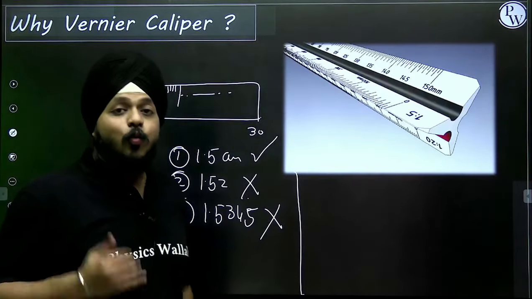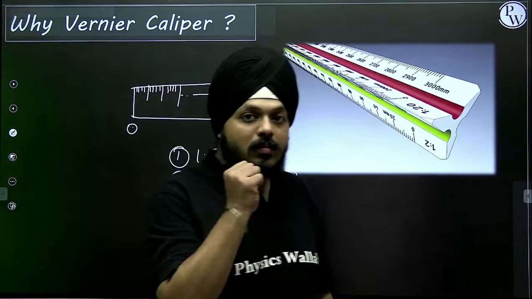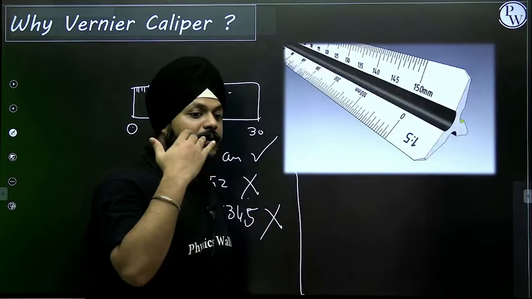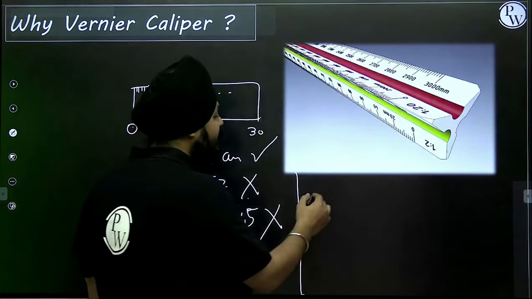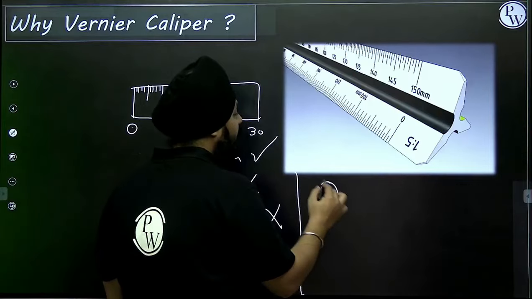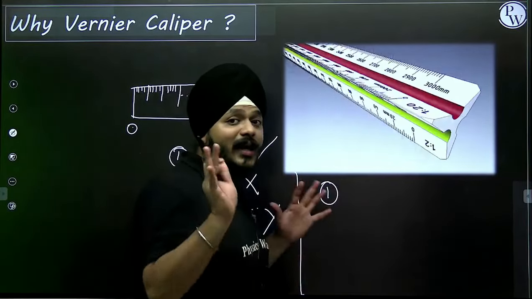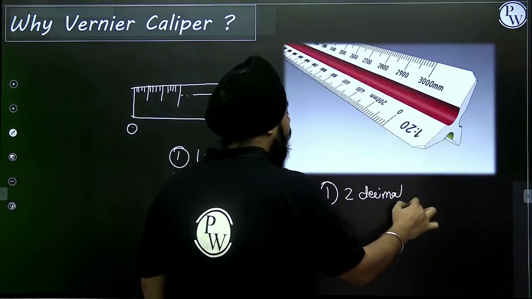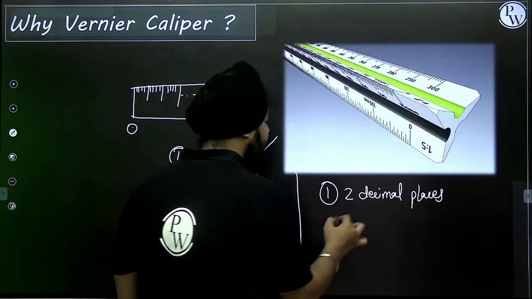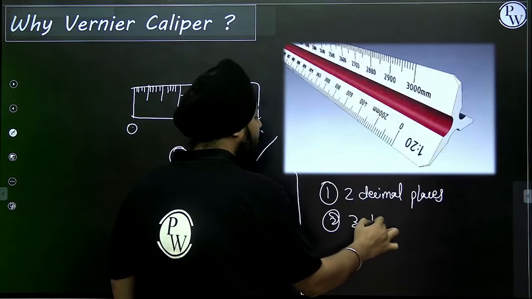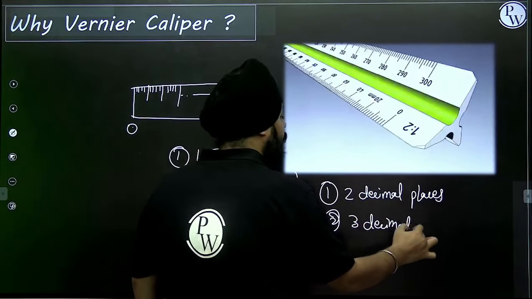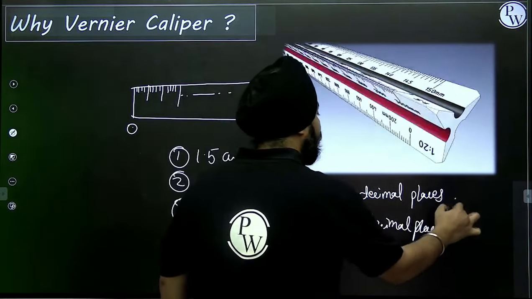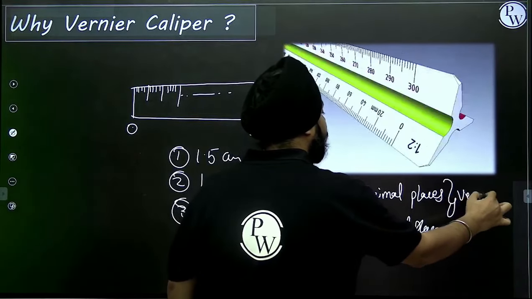So why Vernier Calliper? As a replacement for the measuring stick, we generally use it for measurements up to 2 decimal places. For 2 decimal places, we use the Vernier Calliper.